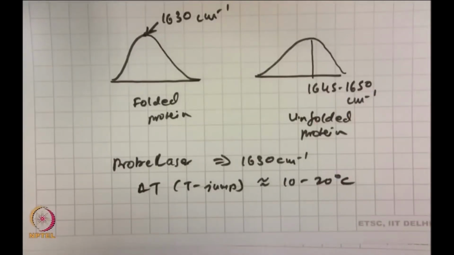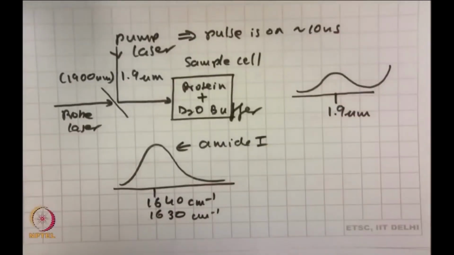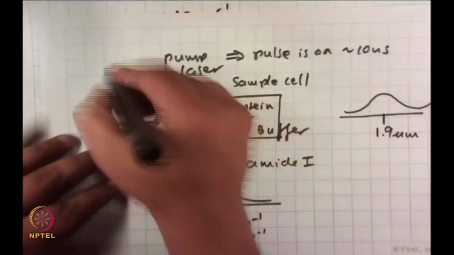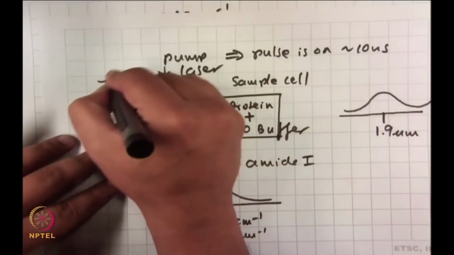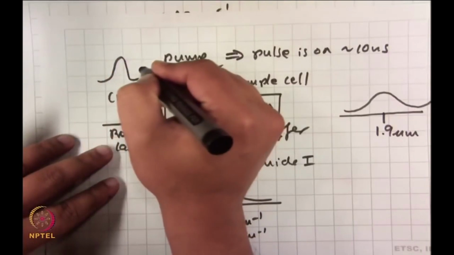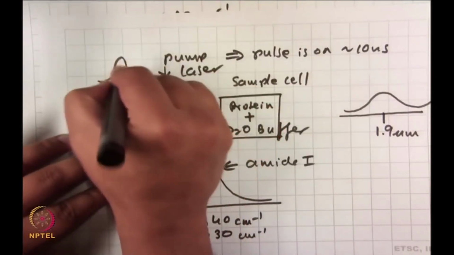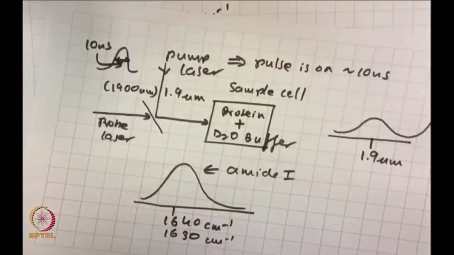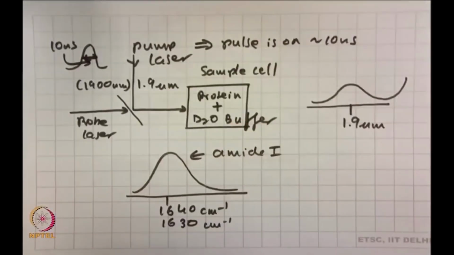Now, just to tell you the significance of one more thing, remember I told you that the pump laser has a pulse of 10 nanoseconds. That means when the pump laser is coming in, it is coming in with a pulse of light which looks like this, and the width of this is 10 nanoseconds. It is referred to as full width at half maximum, but do not worry about it, it is the width of your laser pulse.